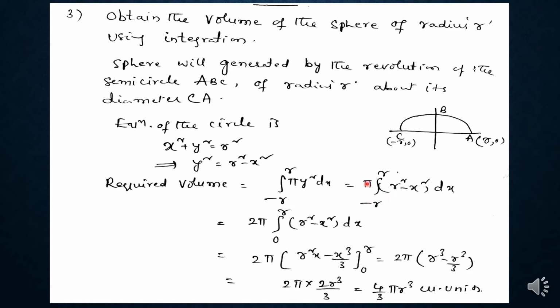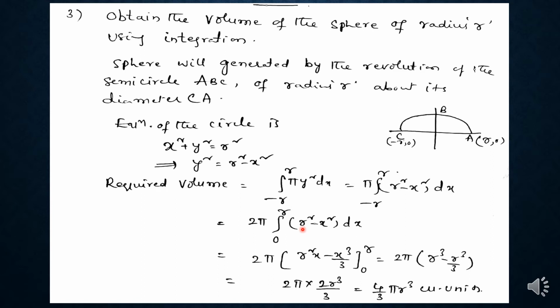So we can write this definite integral as 2 times the integral from 0 to a, that is, 2 times the integral from 0 to r. Pi is also there, so 2 pi times the integral from 0 to r of (r squared minus x squared) dx.